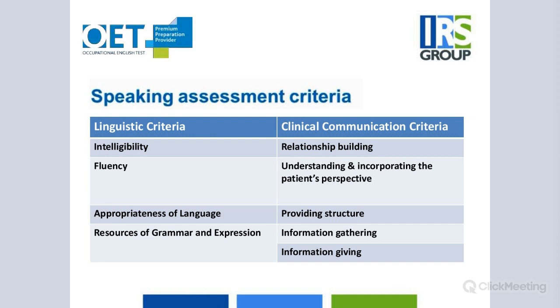The third criterion in clinical communication is information gathering. How do you gather information? You gather it by asking questions, which could be direct or indirect questions. What is a direct question and an indirect question? We will talk about that in detail in our speaking module.